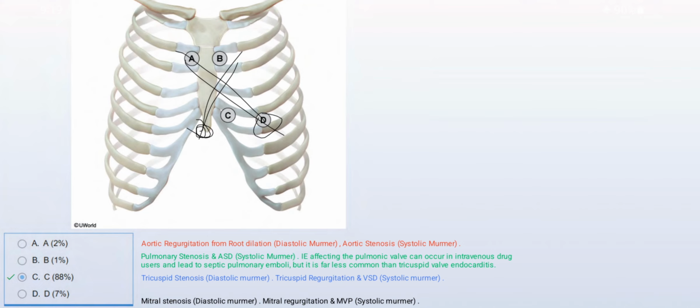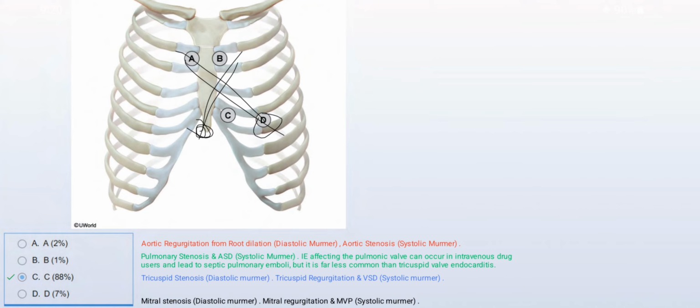Then why not option D? Option D, that is on the left side, right? And if there is mitral stenosis, that will produce diastolic murmur, and if there is mitral regurgitation, and with that, if we have mitral valve prolapse, that will produce systolic murmur, right?